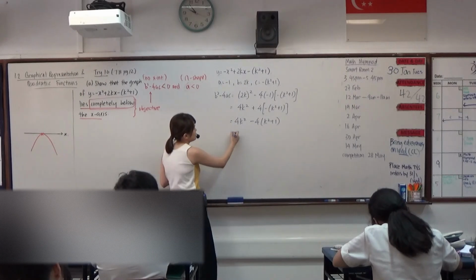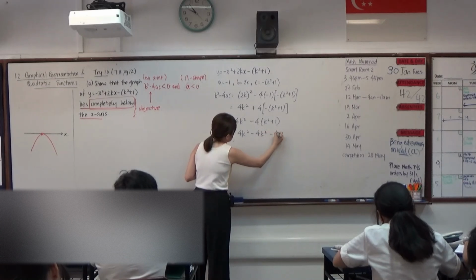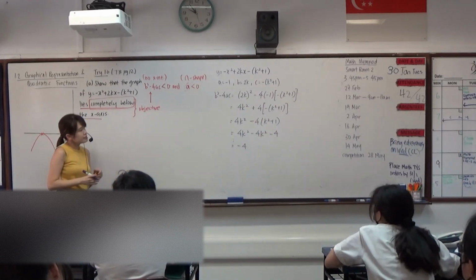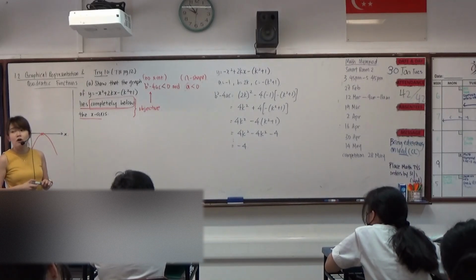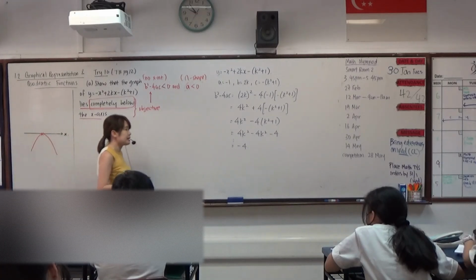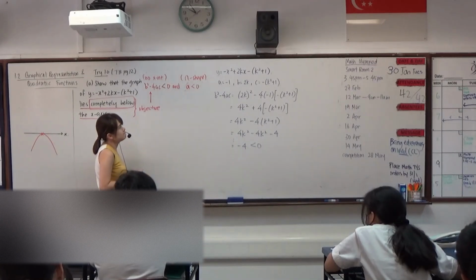Nothing wrong with it. And we're only left with negative 4. So there's no inequality that we need to manipulate, and it is less than 0, right?